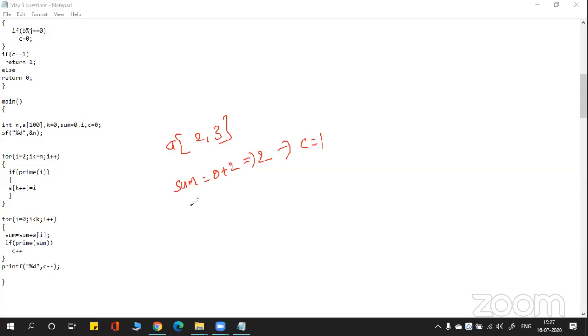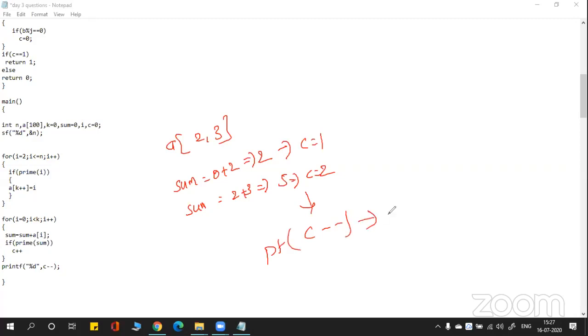Next we'll add one more prime number, 2 plus 3, 5. Is 5 a prime number? Yes, count became 2. After this we are printing c minus minus.